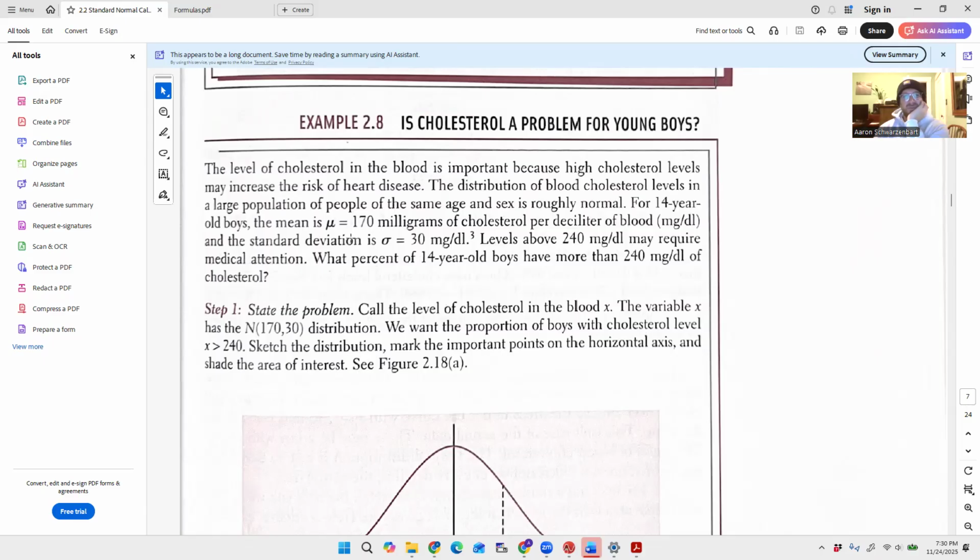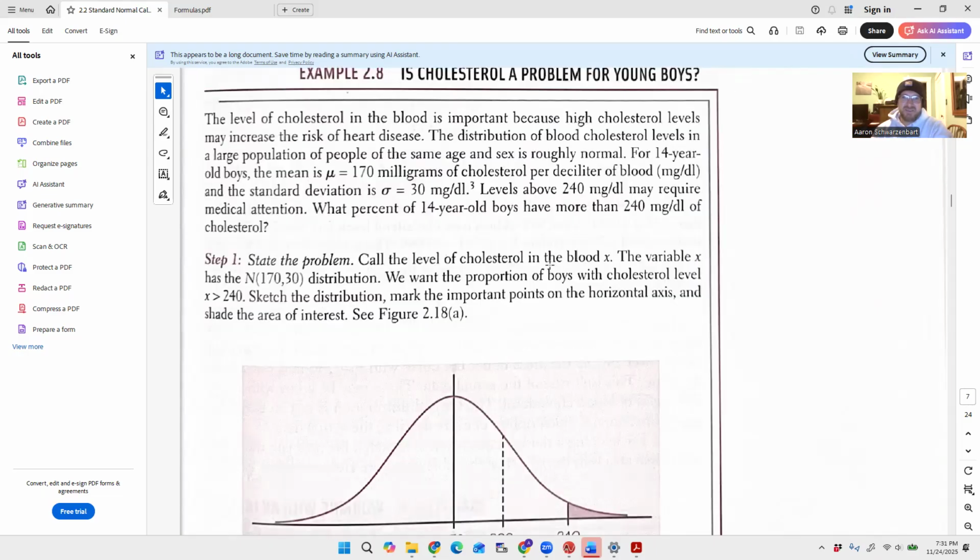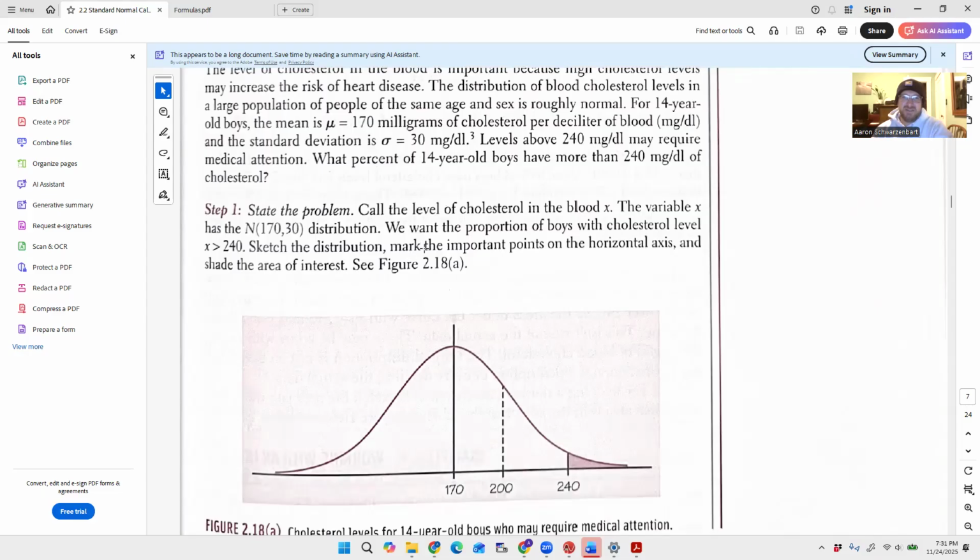For 14-year-old boys, mu is 170 milligrams cholesterol per deciliter of blood, and the standard deviation is 30 milligrams per deciliter. Okay, or per deciliter. Levels above 240 may require medical attention. What percentage of 14-year-old boys have levels above?